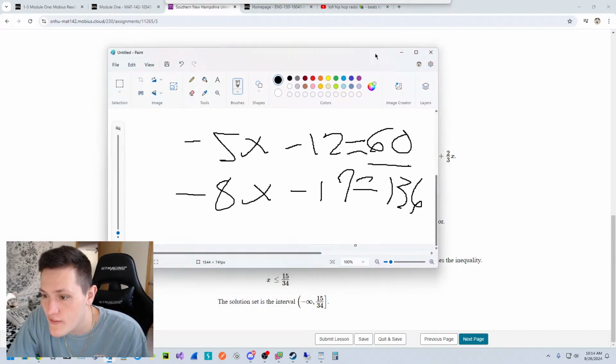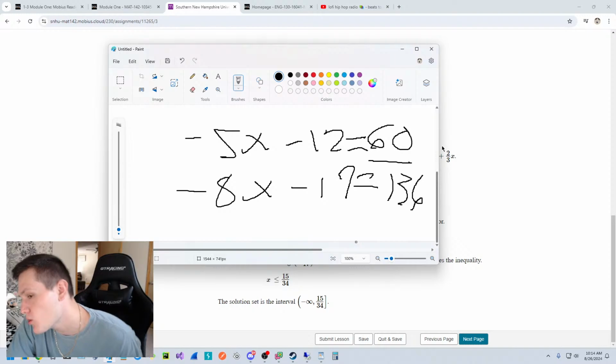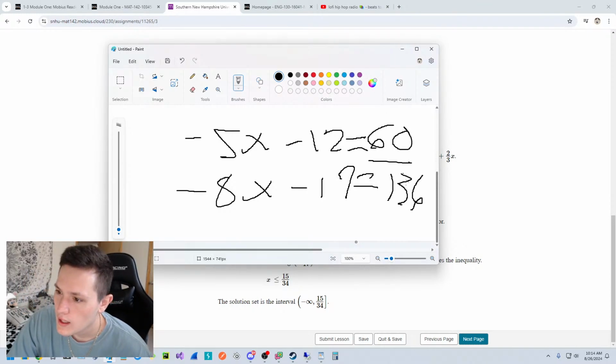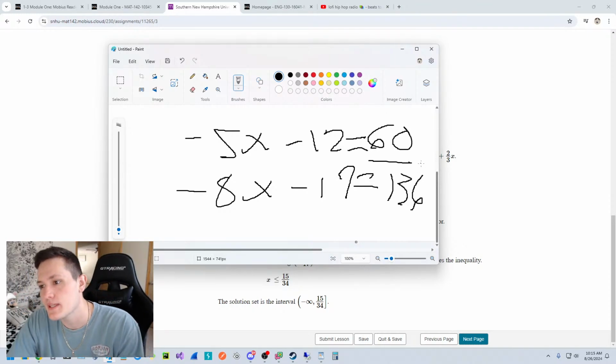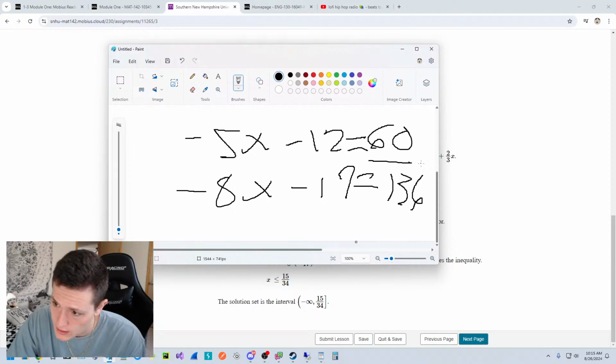So, once we have this, we have to see what number both of these can basically be divided by. And I believe it's going to be 4. Pretty sure. 4 goes into that, yep, 15.